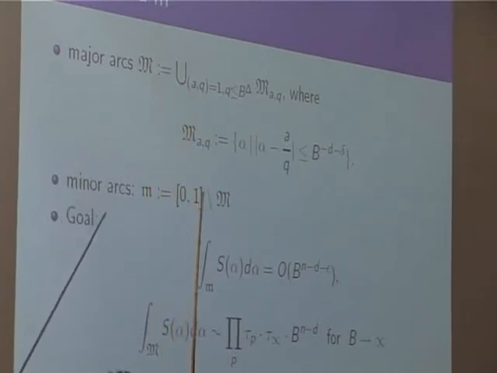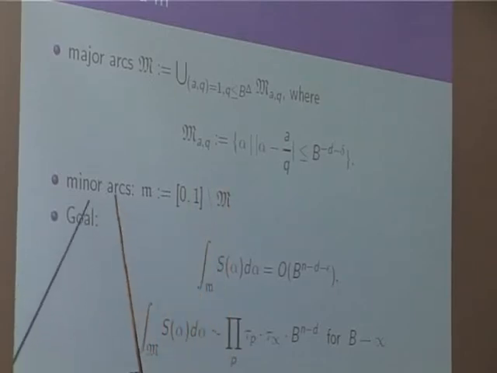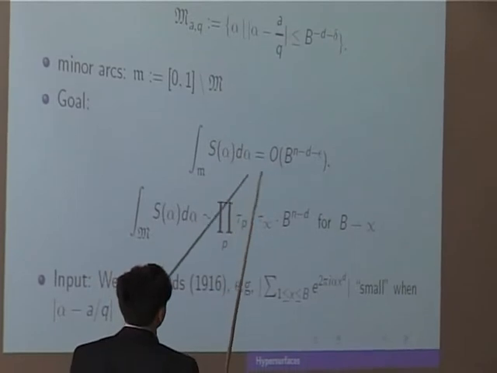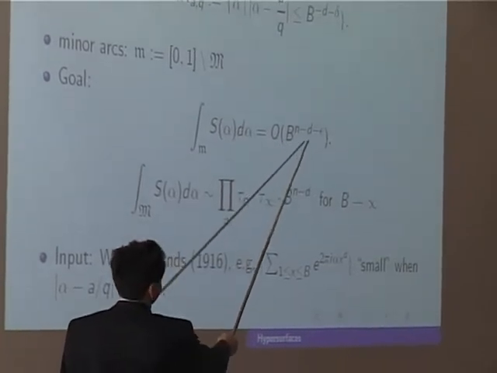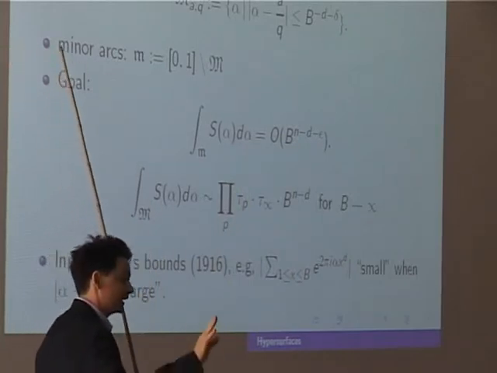They're called major arcs, so you could think that major arcs fill the interval 0, 1, but in fact they don't. The measure of that is small and gets smaller and smaller as B increases. And then you take the minor arcs, that's the complement, and you look at one integral and another, and then you try to bound the absolute value of that, to put it into the error term, or as they say in number theory, under the carpet.